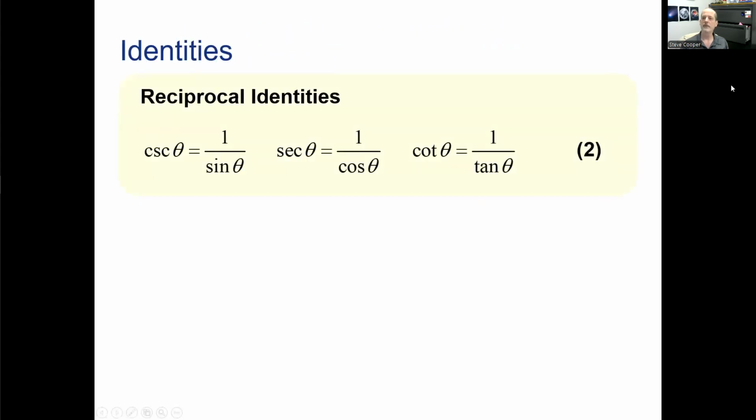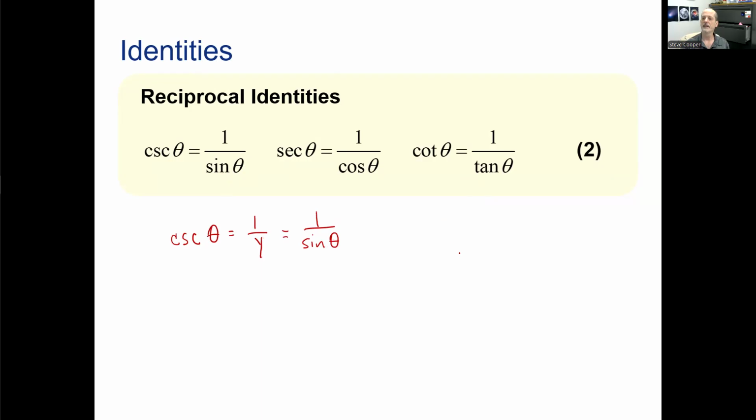All right, so this carries over from the notion that cosecant of theta is equal to 1 over y, and the sine of theta is equal to y. So 1 over y is the same as 1 over sine of theta.